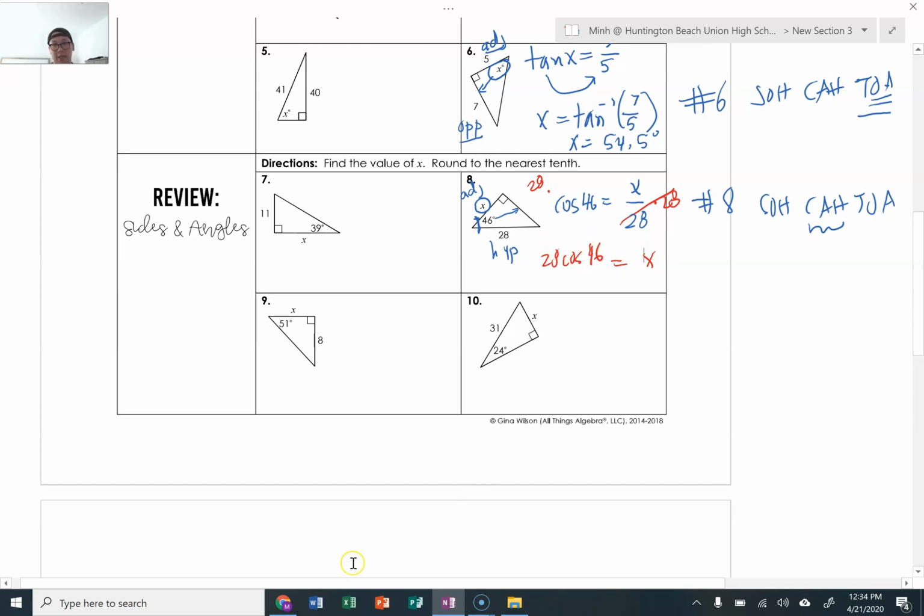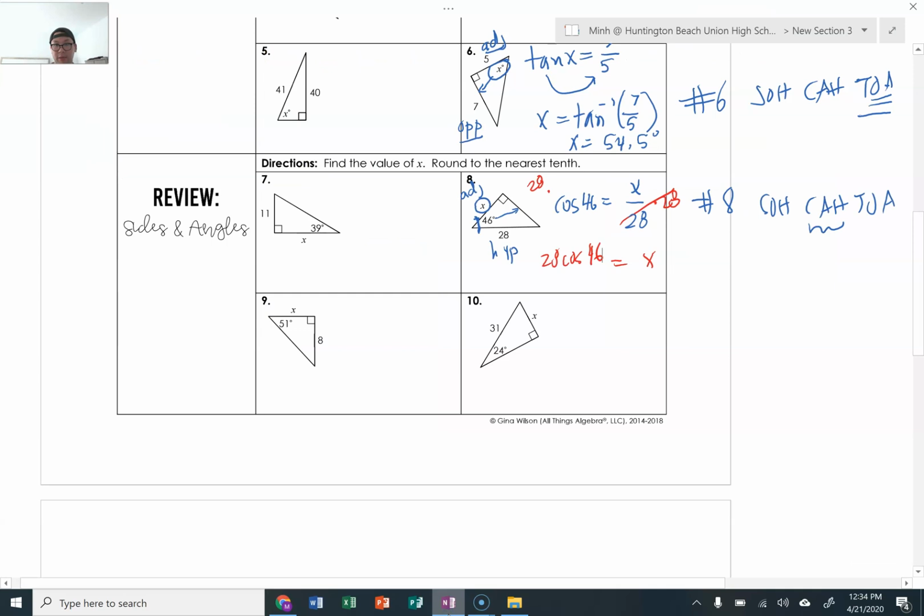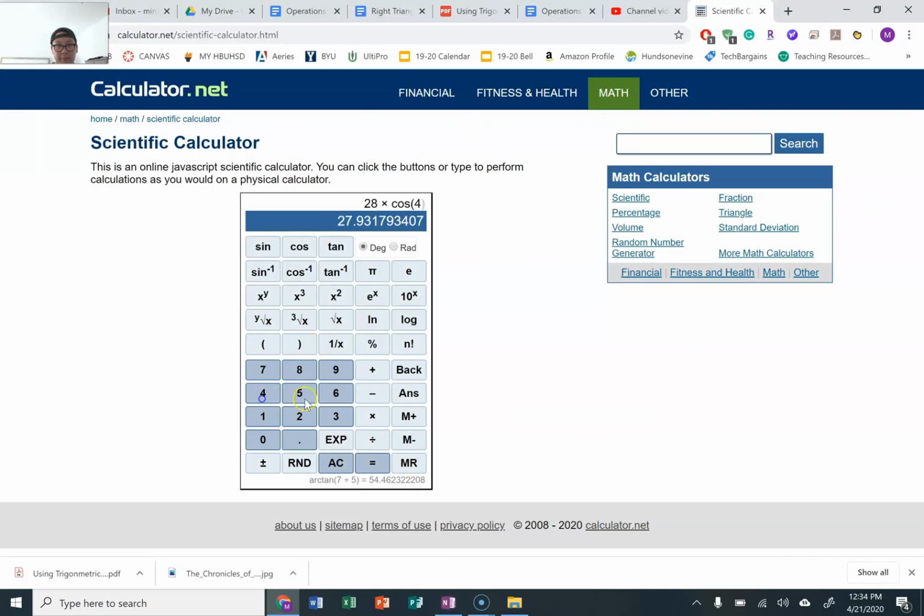And all you need to do is put that into your calculator. So that'll be 28, and remember, it's not inverse because we didn't bring the cosine to the other side. Cosine, and I'm sorry, I forgot what the angle was, 46. Close it. And so that'll be 19.45, which to one decimal place would round to 19.5.